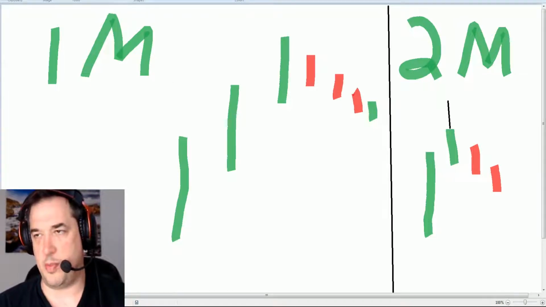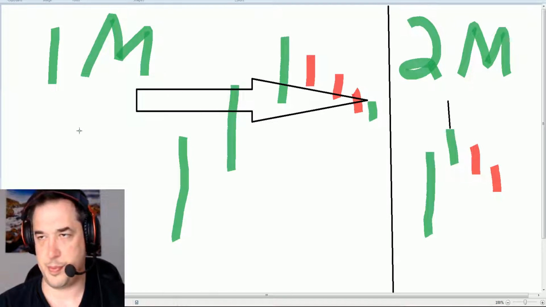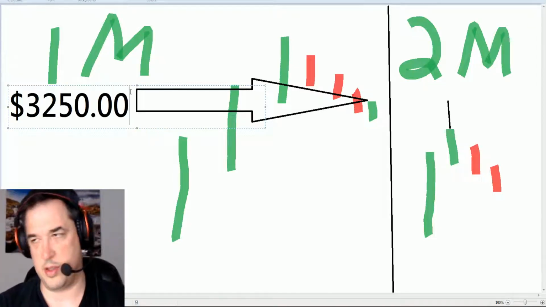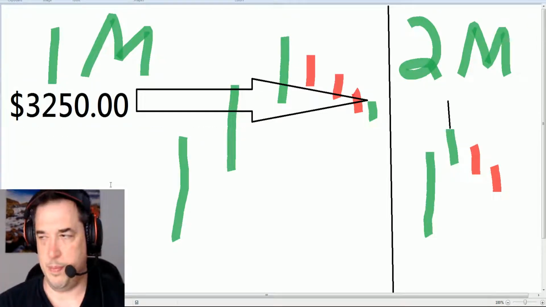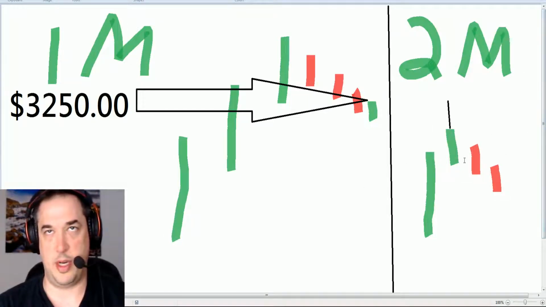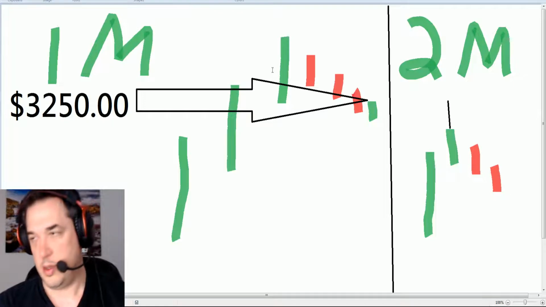Now we happen to be watching Amazon, and just to cut through the entire chart, the top of that line is coincidentally $3,250. Okay? Suddenly you got the red on the 2 minute, you immediately look at the 1 minute.